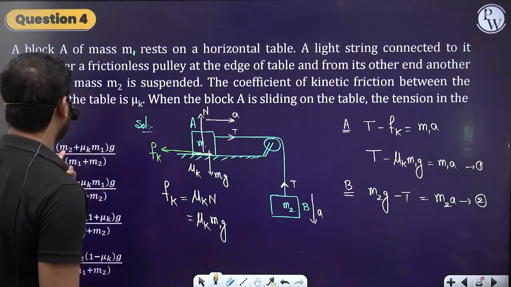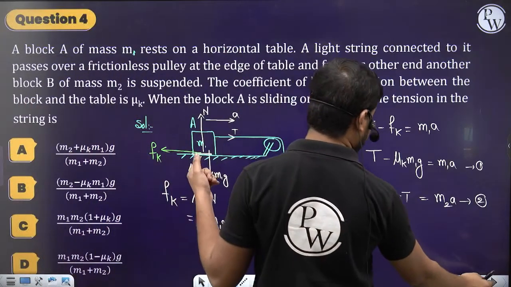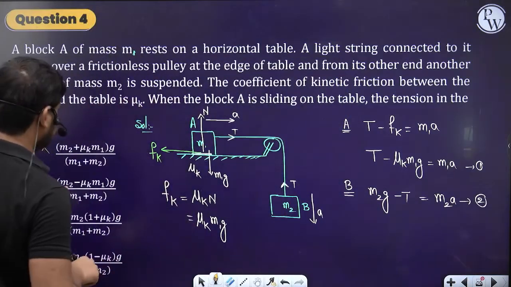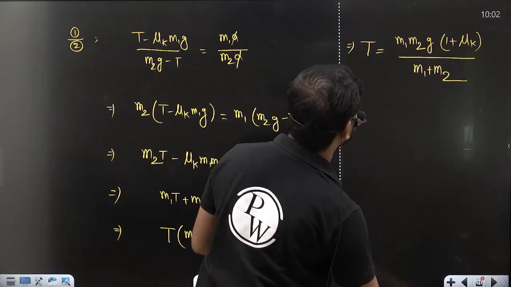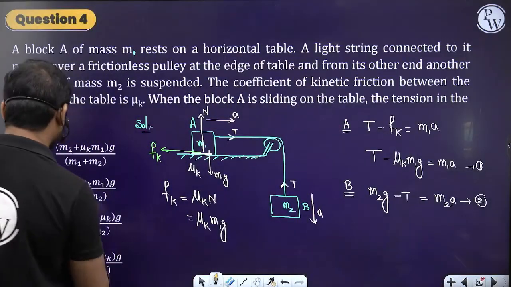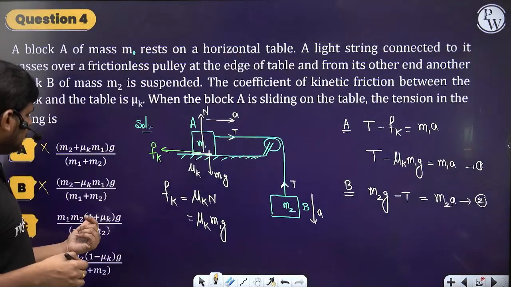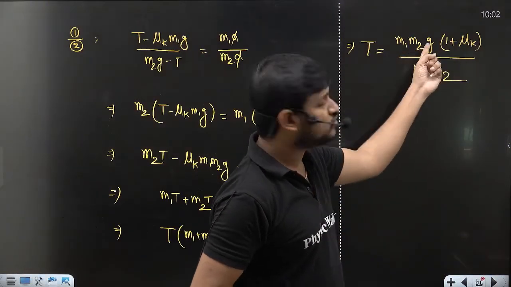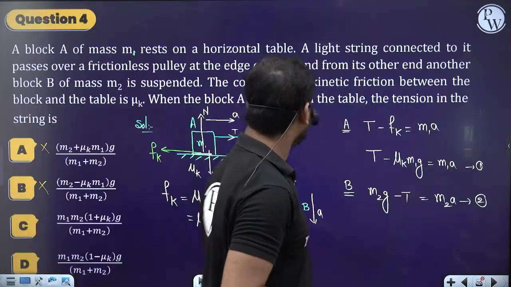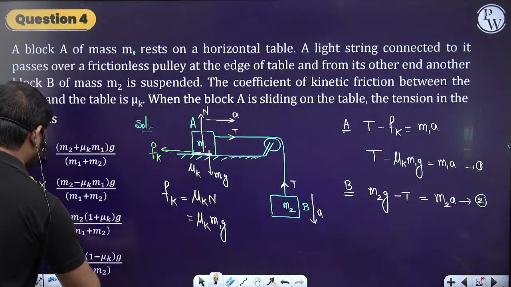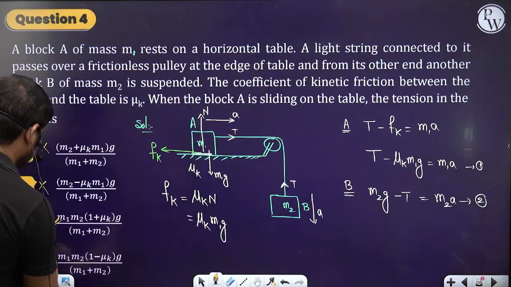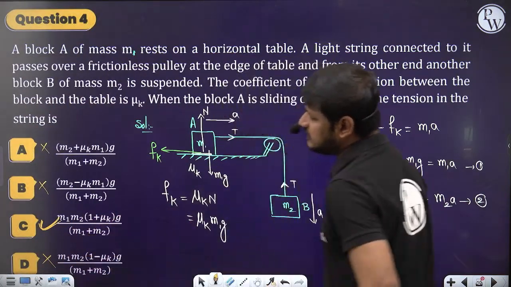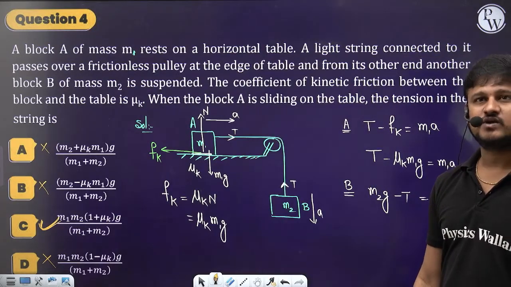Option 1, m2 plus 𝜇k m1g, no, so option 1 is wrong. m2 minus 𝜇k m1g, no, so the second option is also wrong. m1 m2 into 1 plus 𝜇k g, yes, we can take this one, and then the denominator m1 plus m2, correct? Here m1 m2 minus is there, so no. So m1 m2g into 1 plus 𝜇k by m1 plus m2, option C is the correct one, guys.